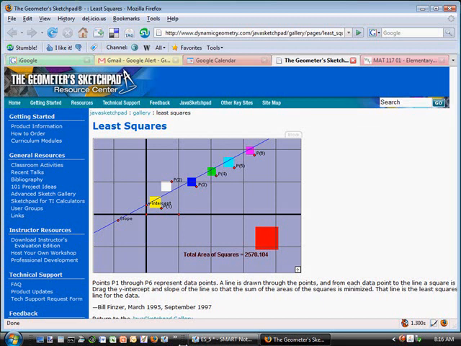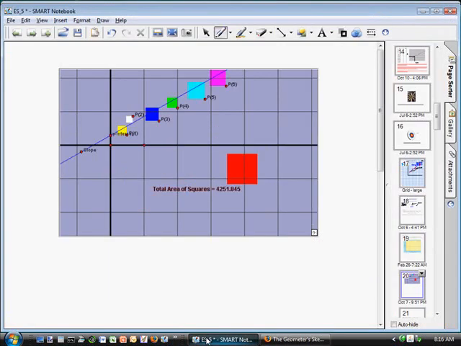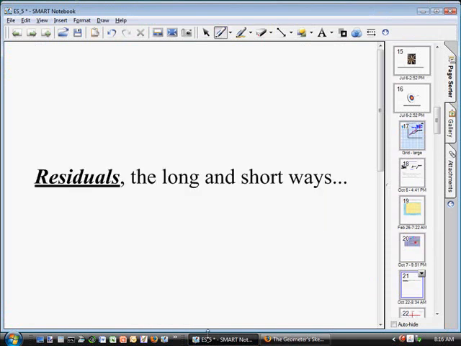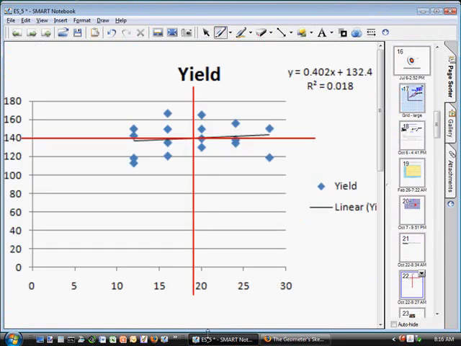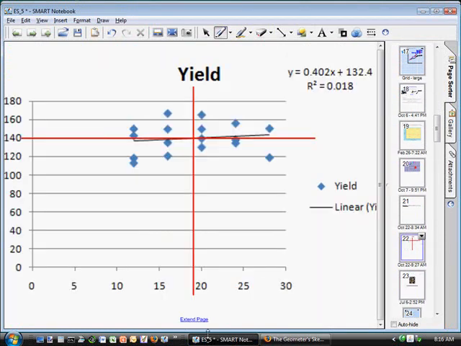So anyway, residuals, the long and short ways. Well, what's the long way? Take each point and subtract. What's the short way? Well, we're going to do one. So I guess maybe now is the time.